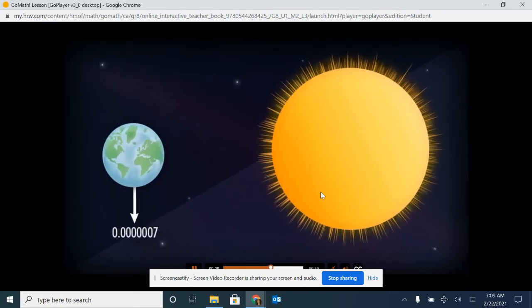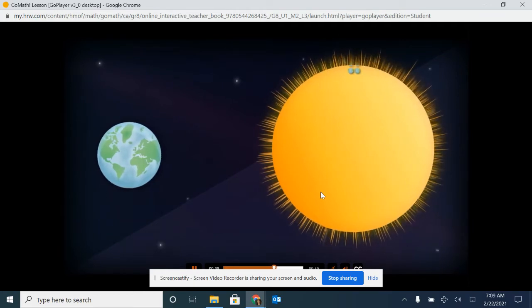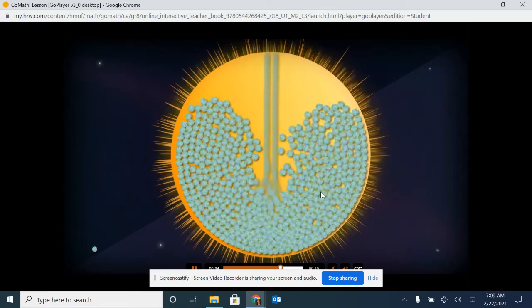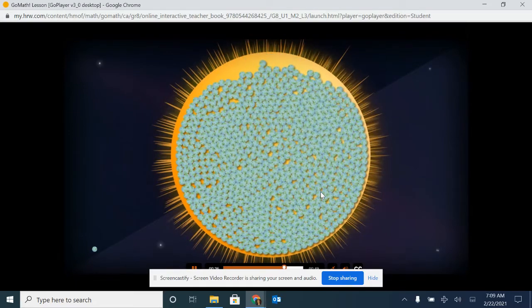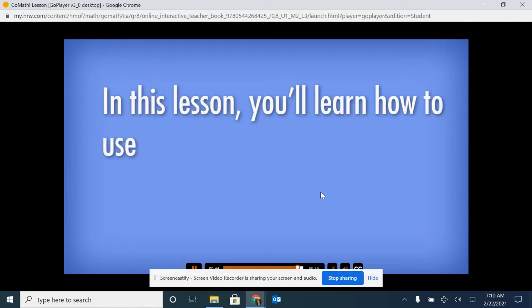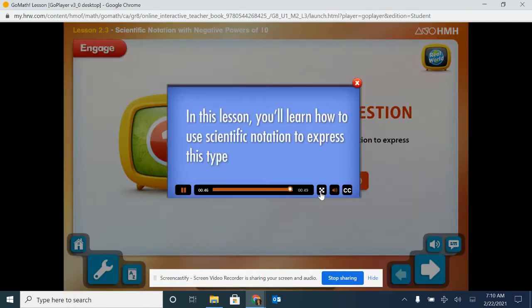Okay, that's pretty small, and it's quite a mouthful. How can you express the Earth's volume in comparison to the Sun's in a way that is easier to work with? This is where scientific notation comes in really handy. In this lesson, you'll learn how to use scientific notation to express this type of relationship.